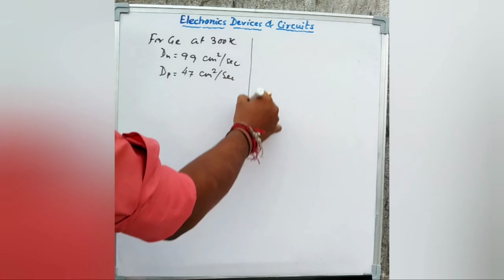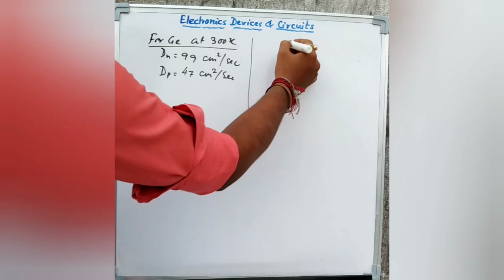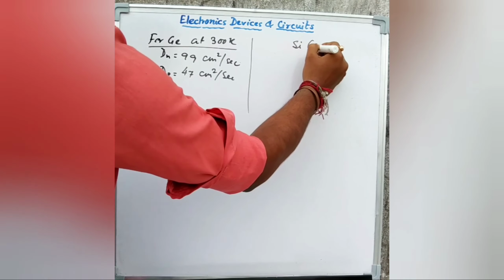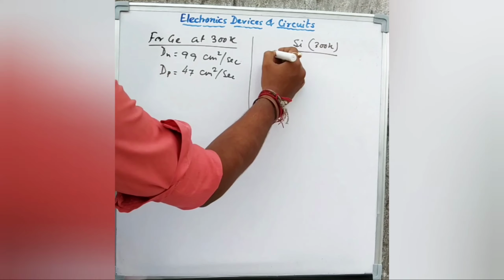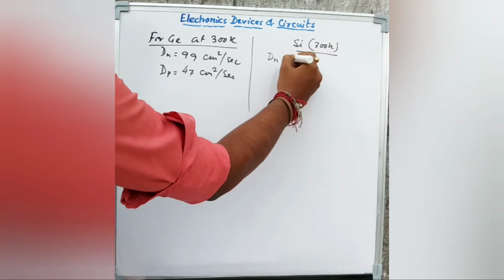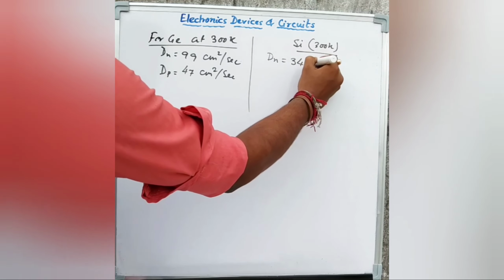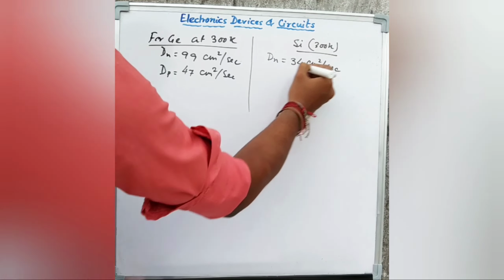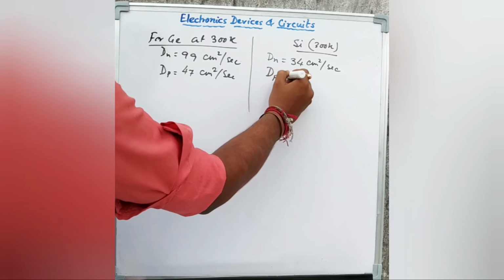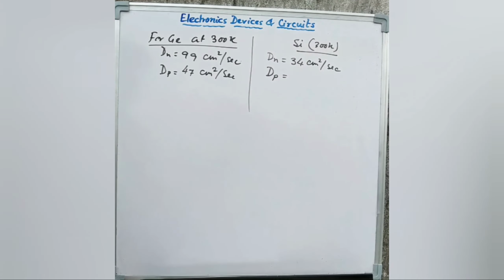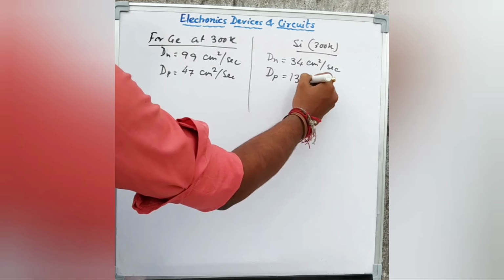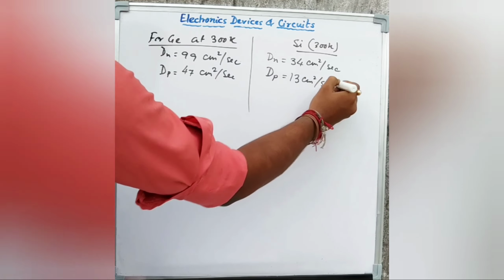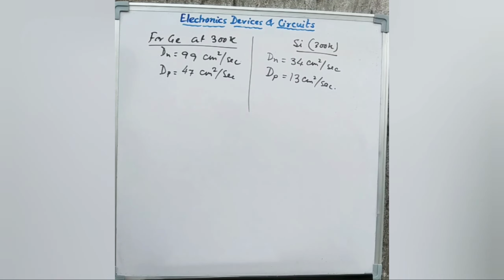For silicon at 300 Kelvin, Dn, the electron diffusion constant, is 34 centimeter square per second and the hole diffusion constant is 13 centimeter square per second. These values you can calculate from the multiplication of μn and Vt, because D equals μn into Vt.